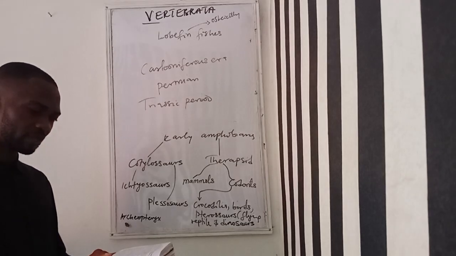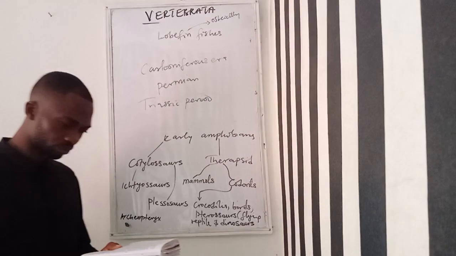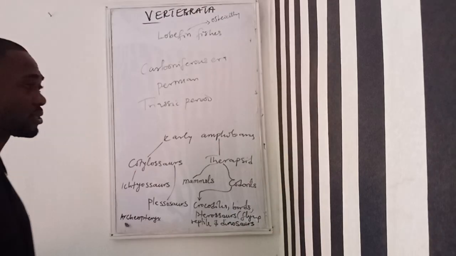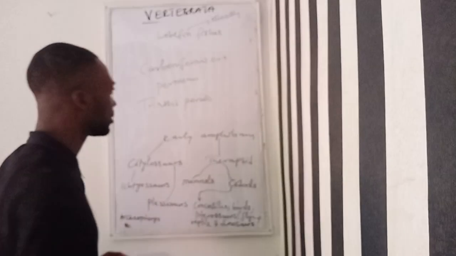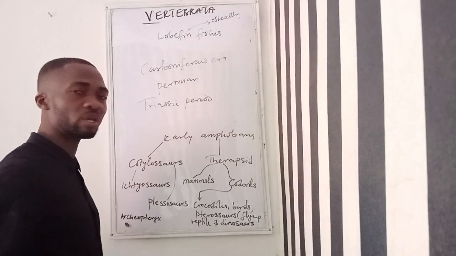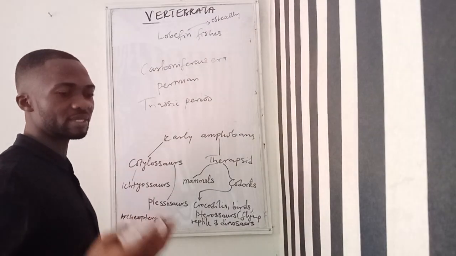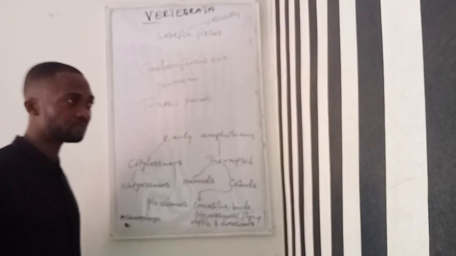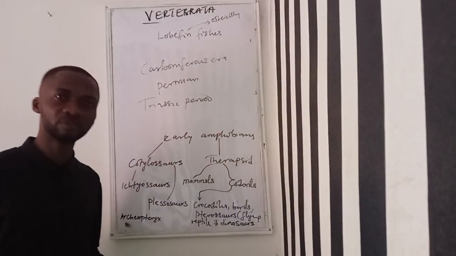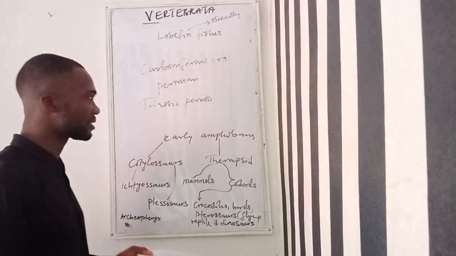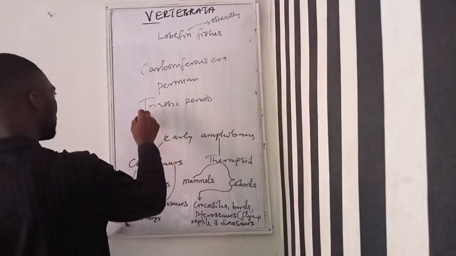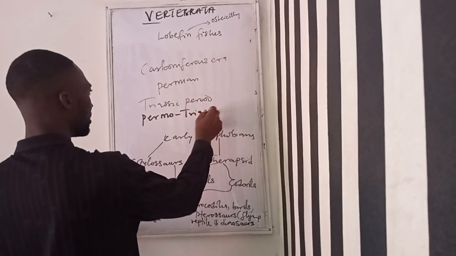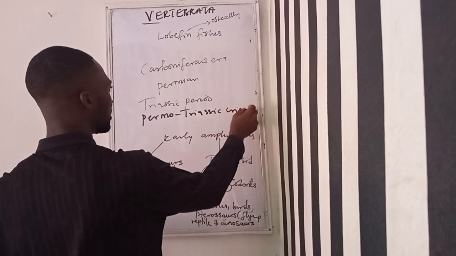One of the things that led to the decline of amphibians was a geological or biological disaster. Scientists, people who have studied this evolution, say that within that period there was a crisis that they called the Triassic crisis.